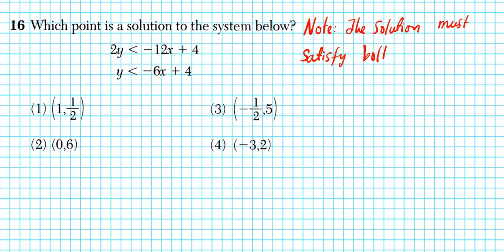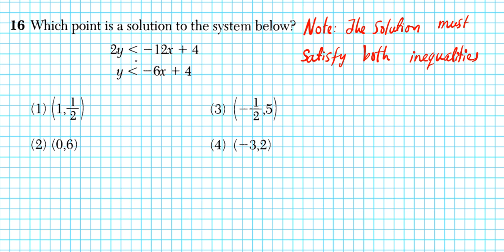You have a system of inequalities here. It's not just one. So what we're going to do is just plug and chug, plug in the different options that we have and see which one generates a true statement for both inequalities.